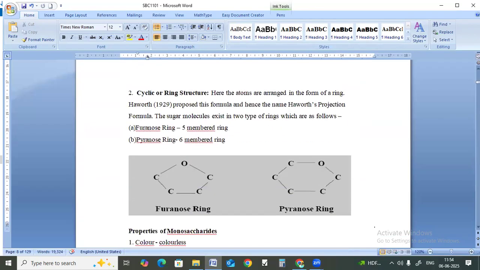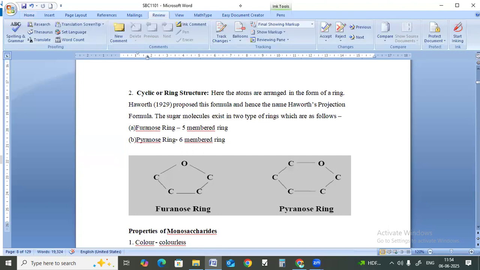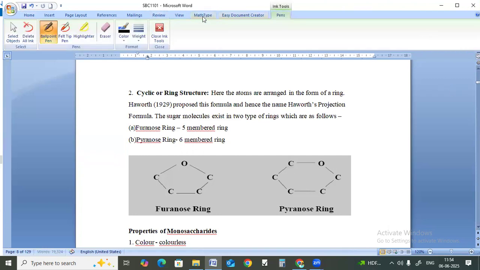Next, coming to the cyclic ring structure, it was proposed by Haworth and is called the Haworth projection formula. According to Haworth, sugars exist mainly in two types of ring.